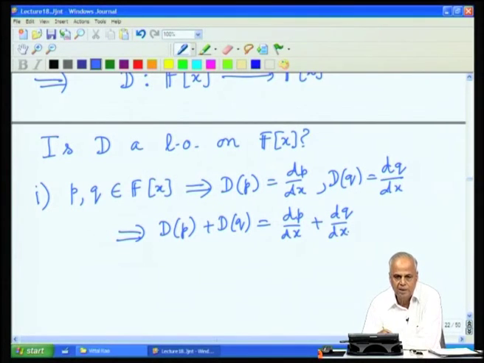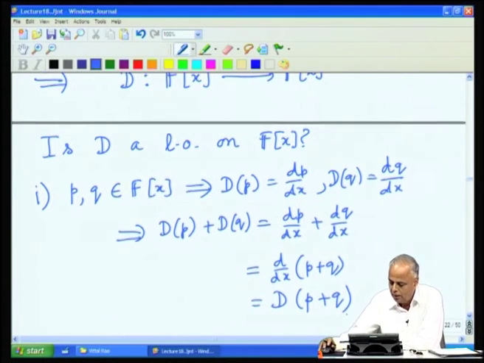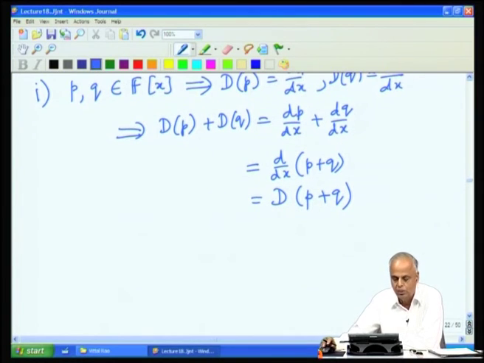But the derivative of a sum is the sum of the derivatives, and hence this is equal to d/dx of (p plus q). Now, p is a polynomial, q is a polynomial, and therefore p plus q is a polynomial, and we are taking the derivative of a polynomial. The moment we take a derivative of a polynomial, we mean D of that polynomial. So, this is equal to D of (p plus q). Thus we see that Dp plus Dq is D(p plus q), and hence D preserves addition.